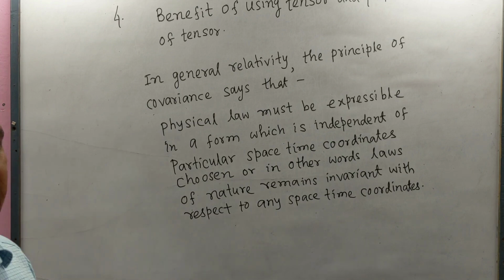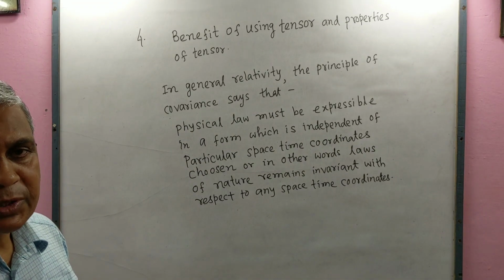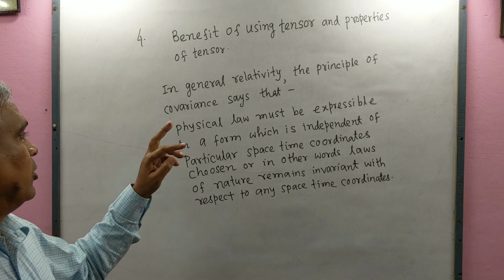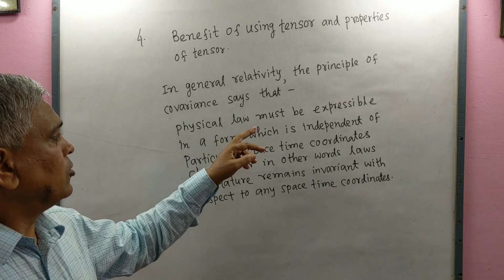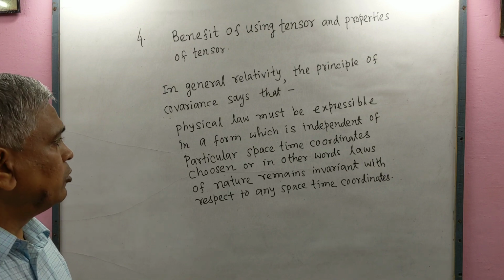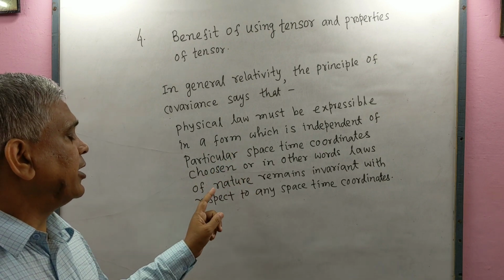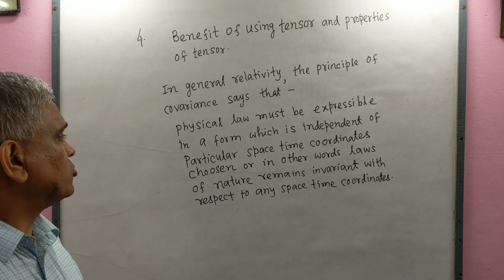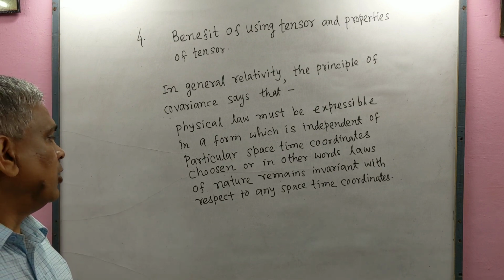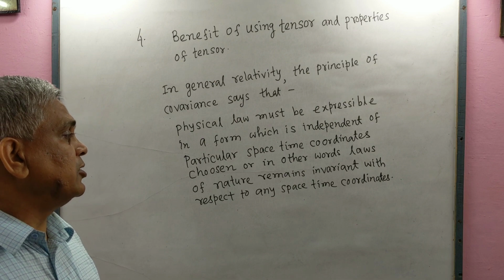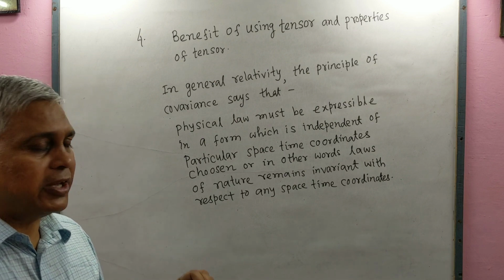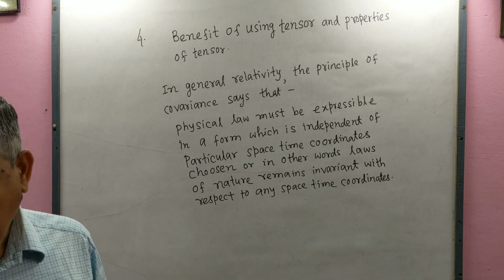Now we will discuss the benefit of using tensors and properties of tensors. In general relativity, the principle of covariance says that physical laws must be expressible in a form which is independent of the particular space-time coordinates chosen, or in other words, laws of nature remain invariant with respect to any space-time coordinates.